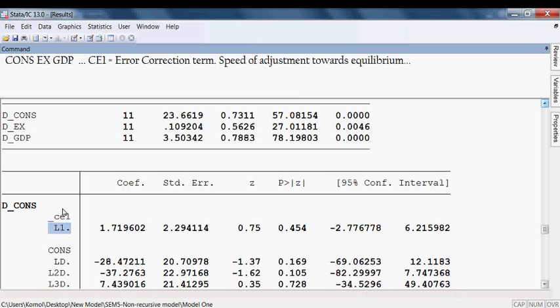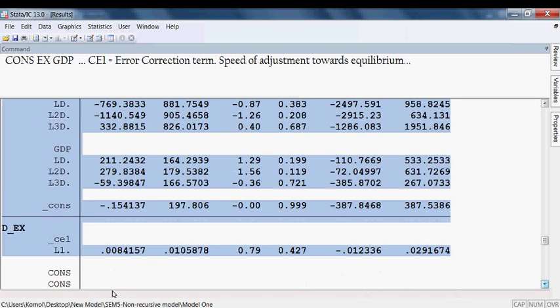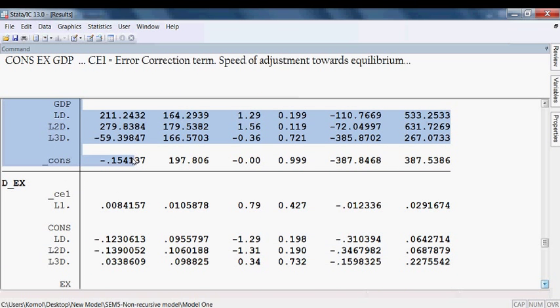Actually, the first model is our target model, meaning that D.cons is our target model. So we shall consider only D.cons, not the other models.